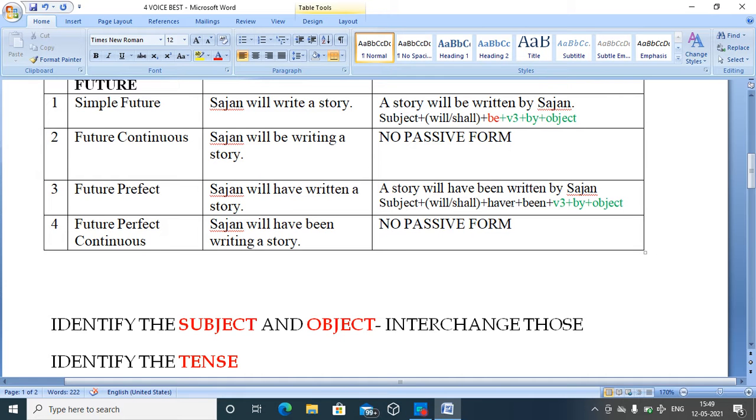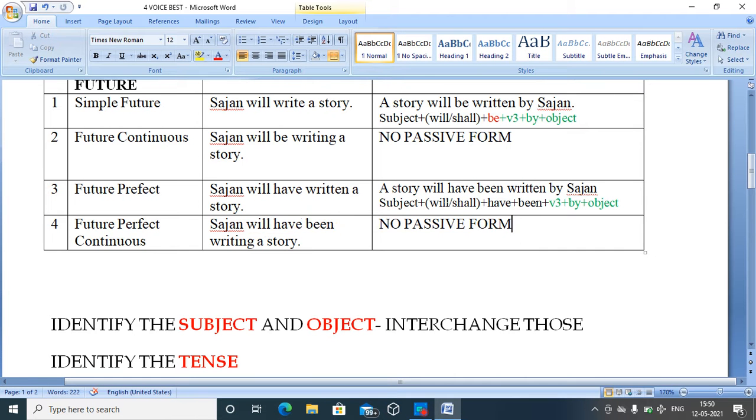Will or shall, plus have plus been. Yes, you add the next, will have been. Actually, you are seeking the help of the neighboring next tense, because it doesn't have a passive form.